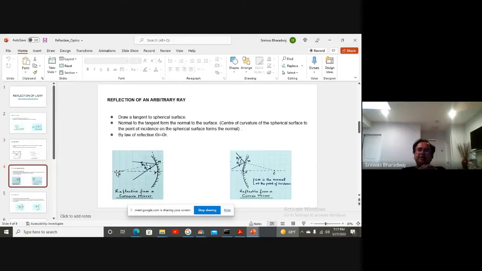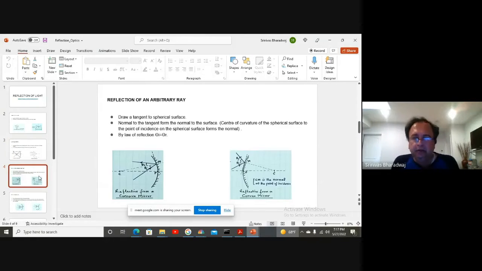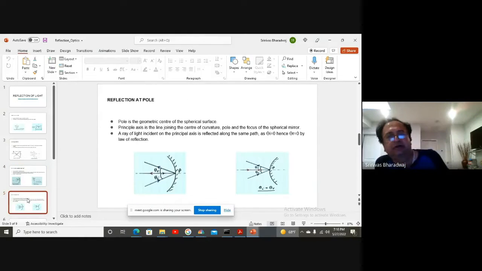Okay, so as a result, you will have a real image in the case of a concave mirror, and in the case of a convex mirror, you will have a virtual image. So remember that. And the virtual image typically will be bigger when you're closer. Okay.